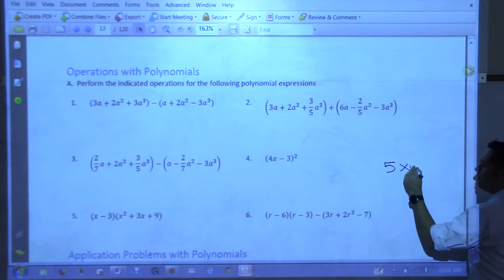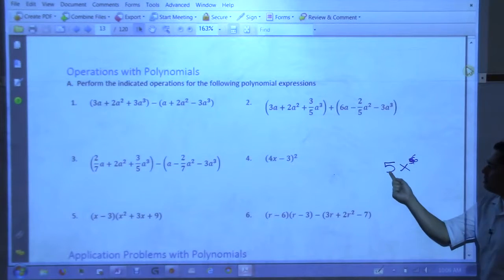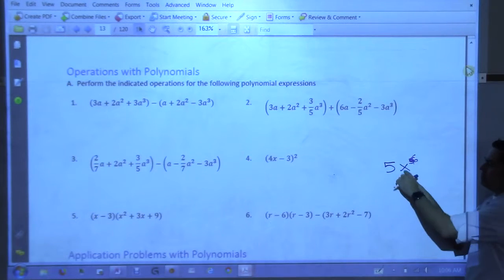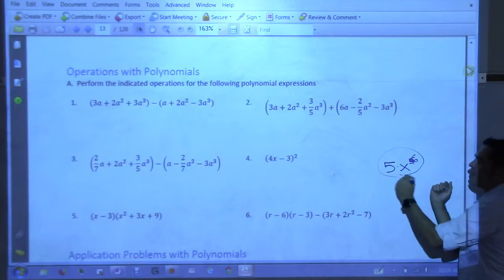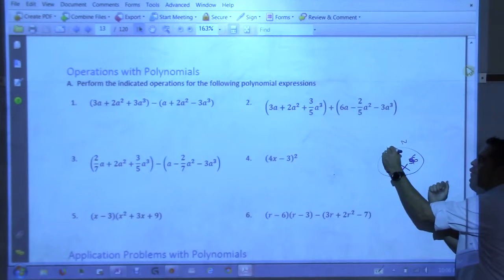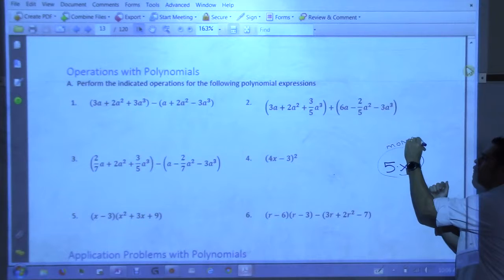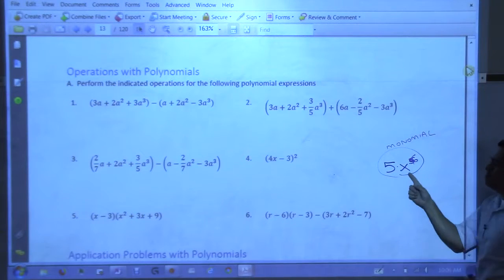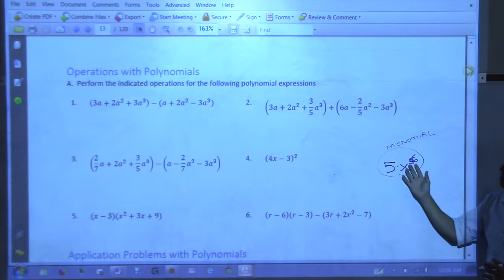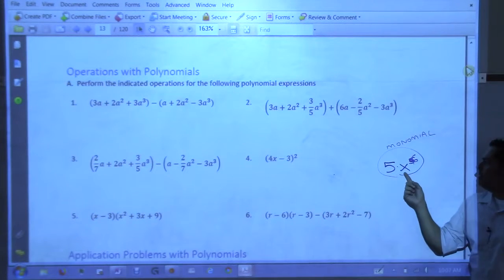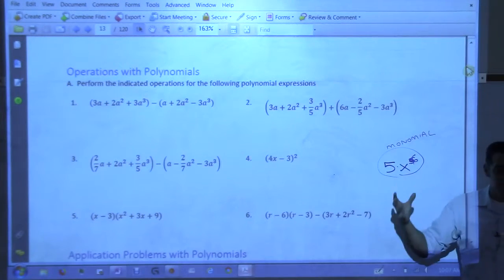It could be x, x squared, x cubed, x to the 4th, to the 5th, to the 6th. But as long as you have a number attached to a letter with a multiplication between them, that is called a monomial, mono meaning one.